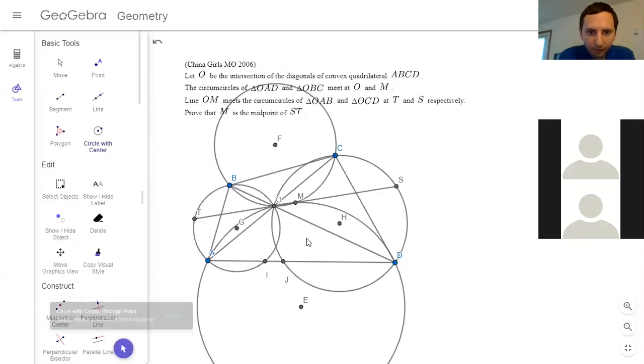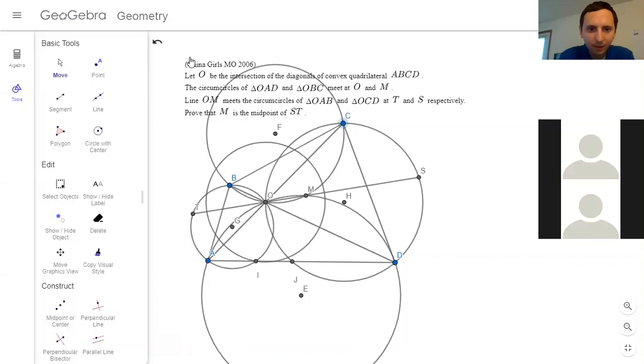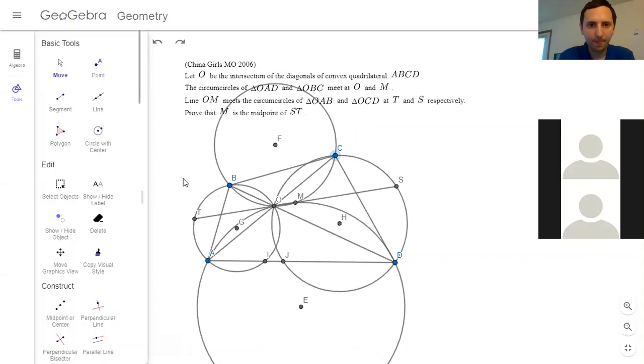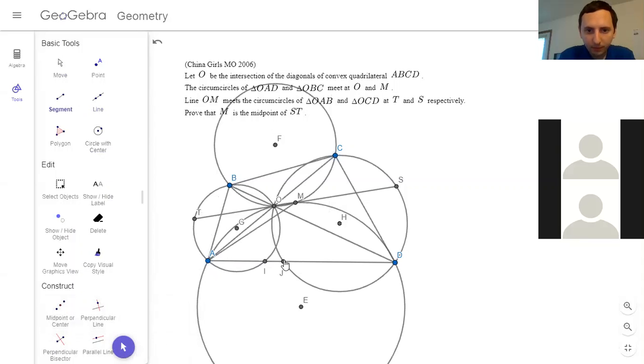Is that true? I think it is. No. Just looked like it. AM is parallel to JS. AM is parallel to JS. Interesting. You can do the same with I. This can work. That's interesting.